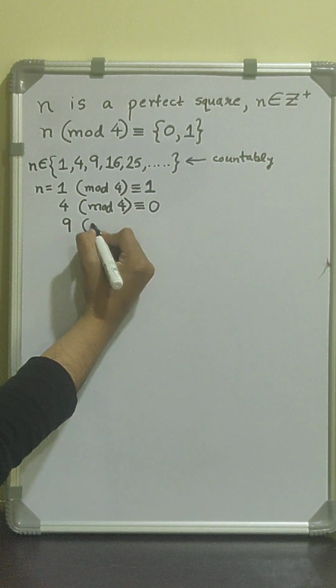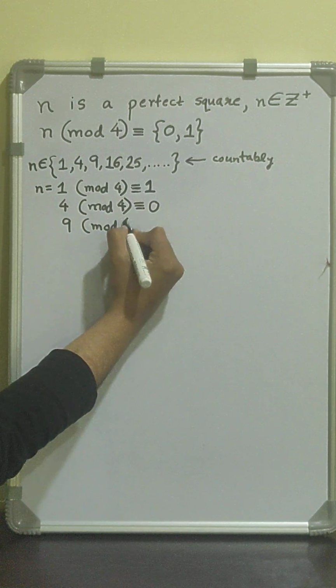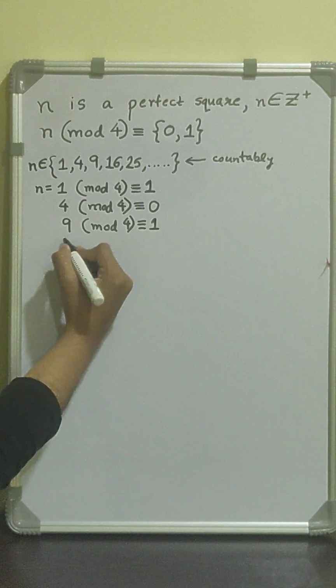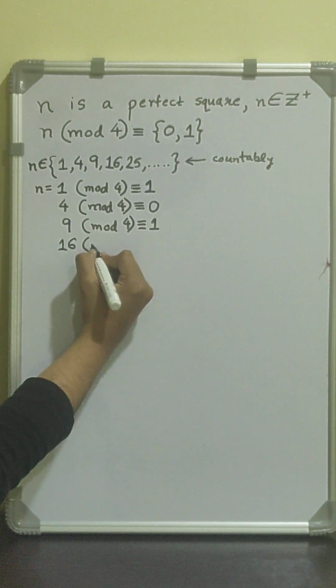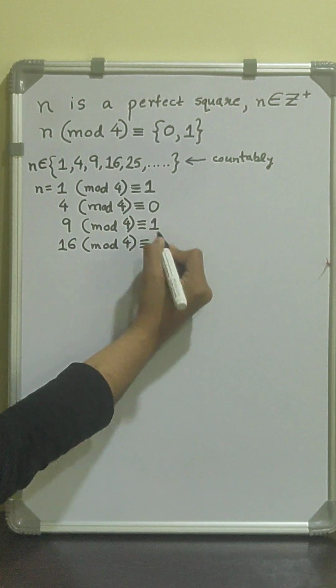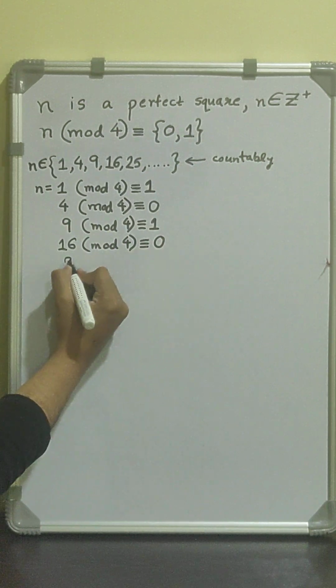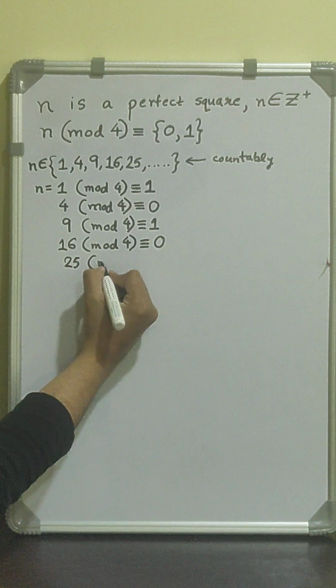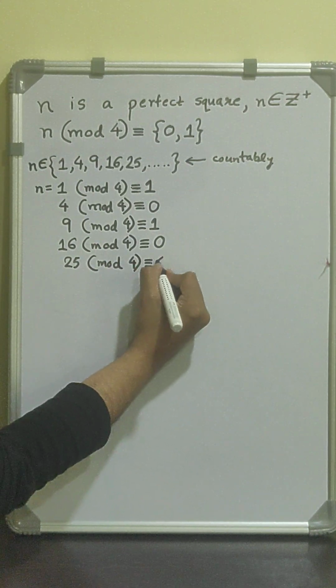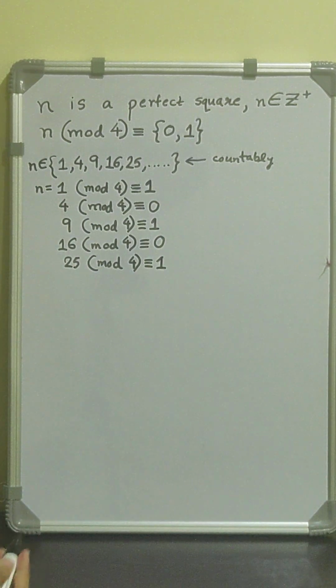When n is 9, 9 mod 4 leaves a remainder of 1, and 16 mod 4 leaves a remainder of 0 again because 16 is divisible by 4. 25 mod 4 leaves a remainder of 1 again.